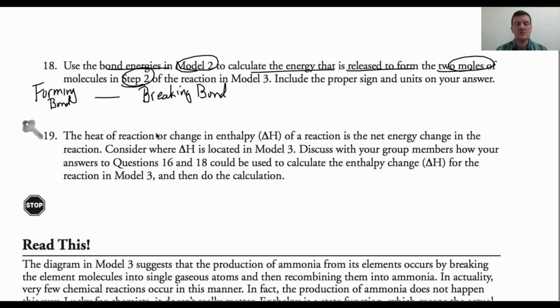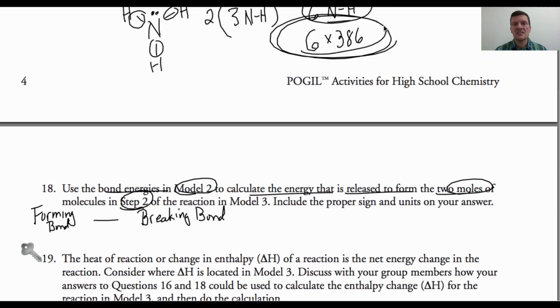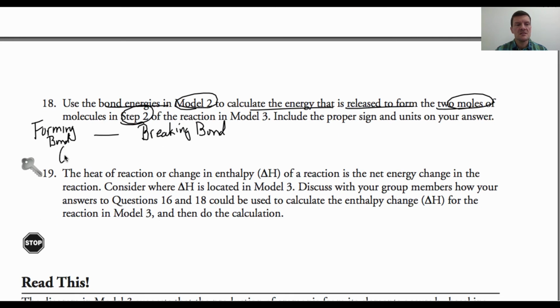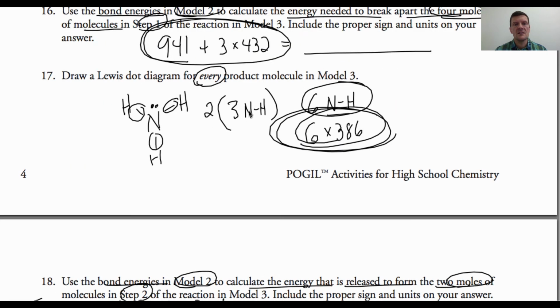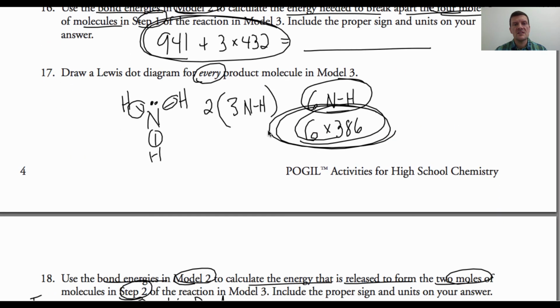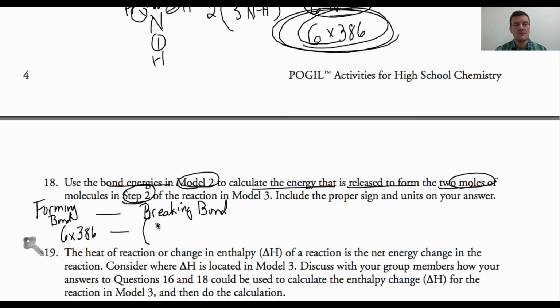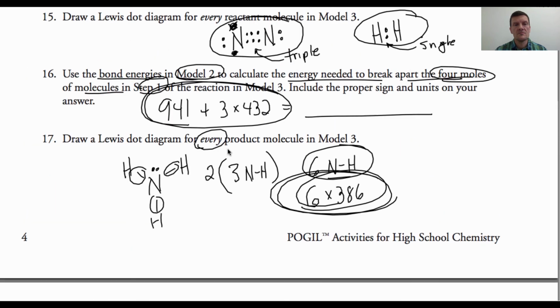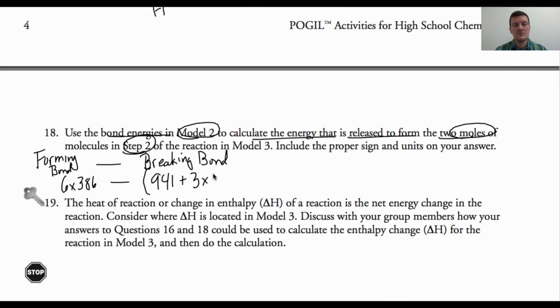You're going to subtract those two values. So you can take the 6 times 386 and subtract the 941 plus 3 times 432. That will tell you how much energy is released.